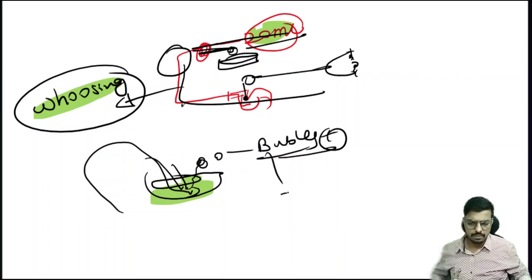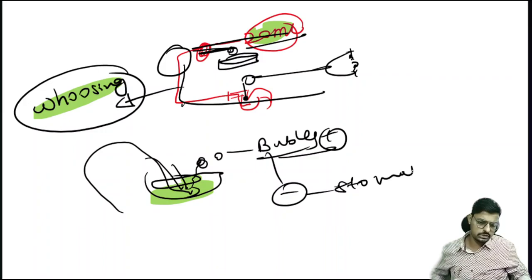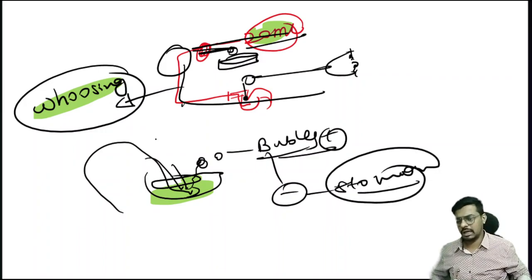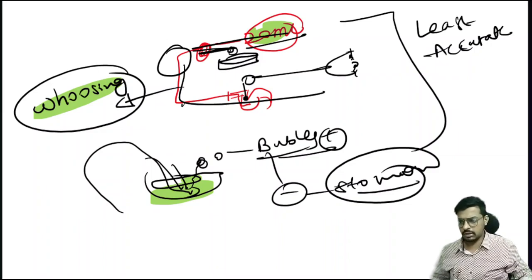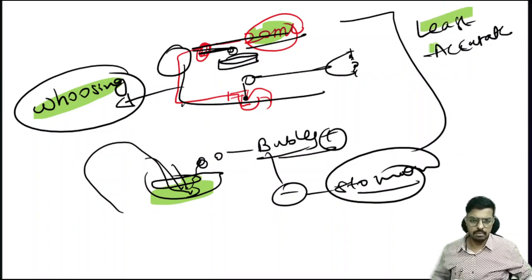If bubbles are absent, the NG tube is in the stomach. This is called the bubble technique. Both the whooshing and the bubble test are the least accurate methods.